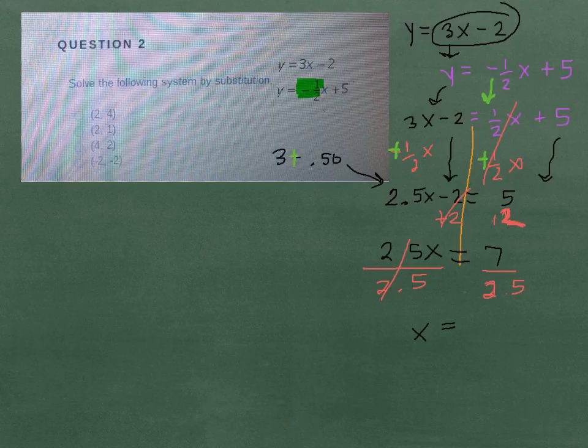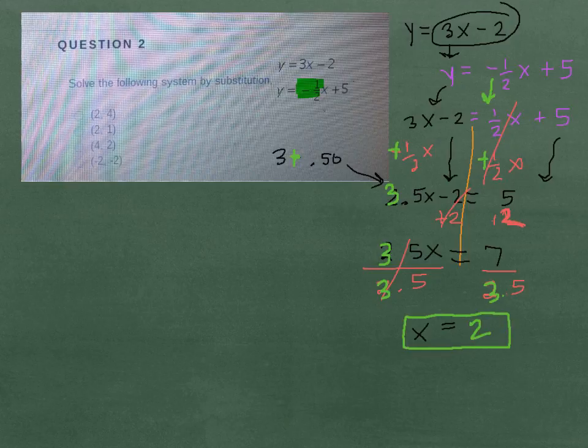So this was $3 plus 50 cents was $3.50. So that should have been 3.5x. So I should have divided by 3.5.